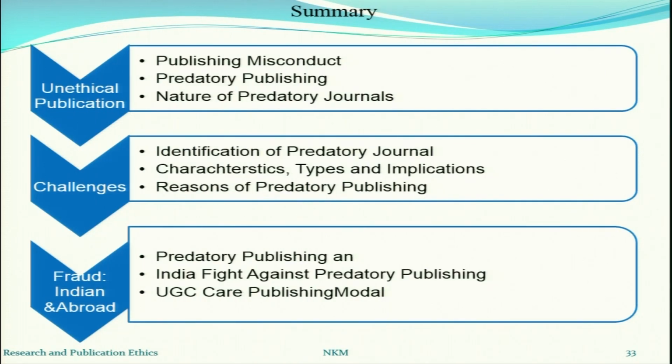We have analyzed what publishing misconduct is, in terms of not maintaining any qualitative measures in the publication process, in terms of the reviewer board, editorial board, and other technical information not being maintained by such predatory journals. So we have understood the formative characteristics of predatory journals. We tried to identify predatory journals, to understand the difference between academic journals and predatory journals, and we analyzed the nature of predatory journals.